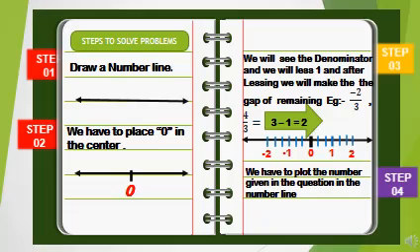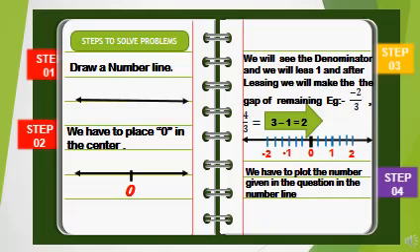Here we have taken one example, minus 2 upon 3 and 4 upon 3. So students, here the denominator is what? 3. We will subtract 1 from the denominator, so we will get our answer as 2. Earlier we had drawn the number line and plotted 0.